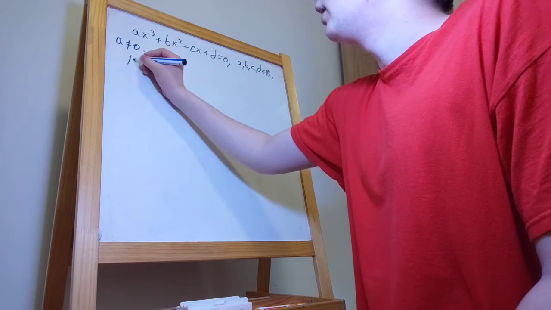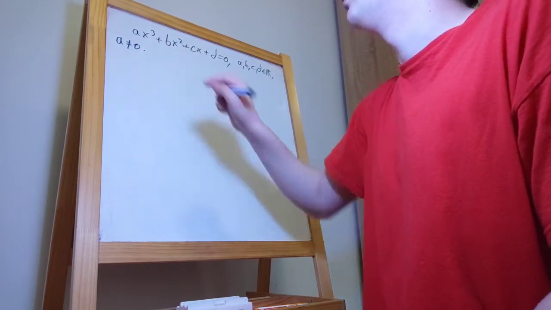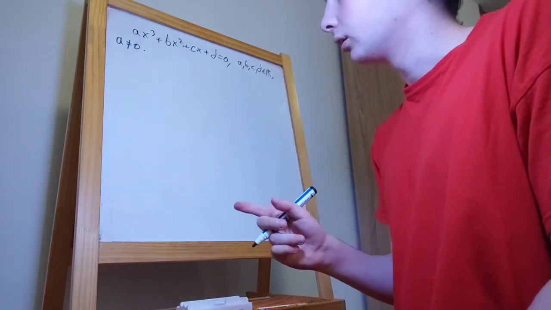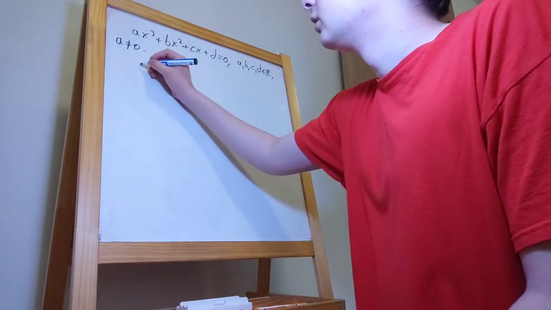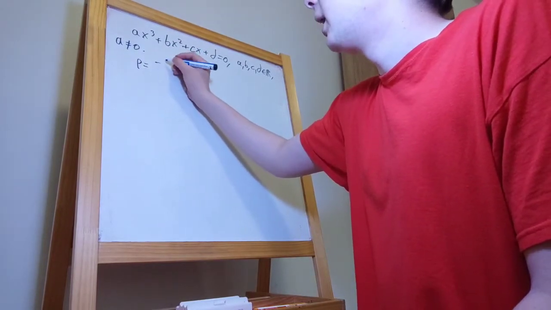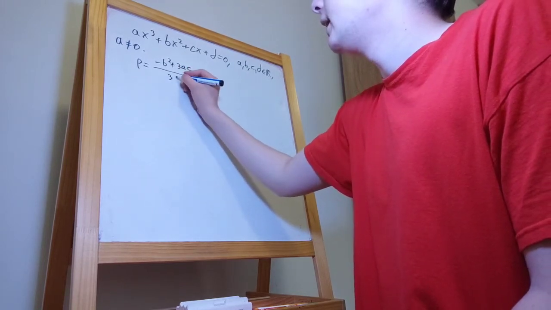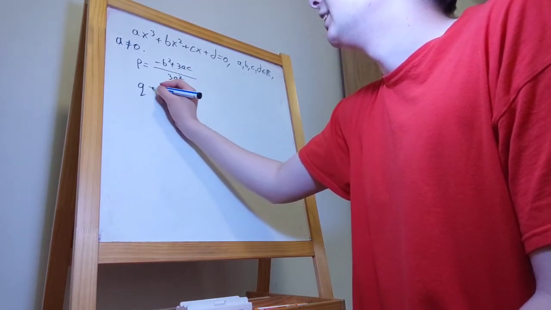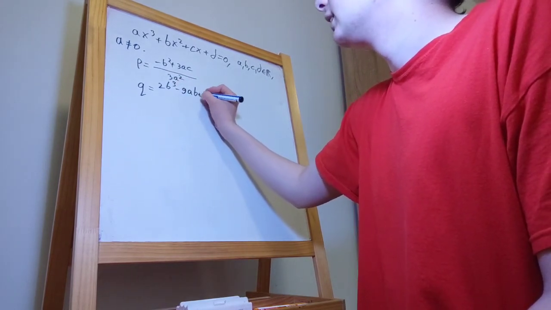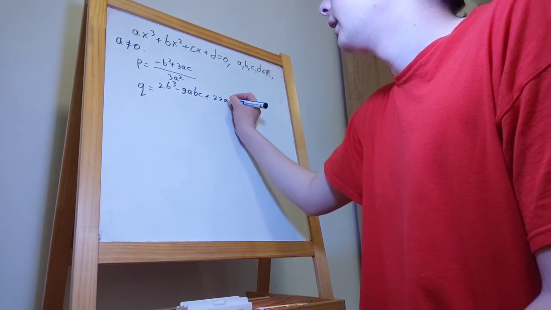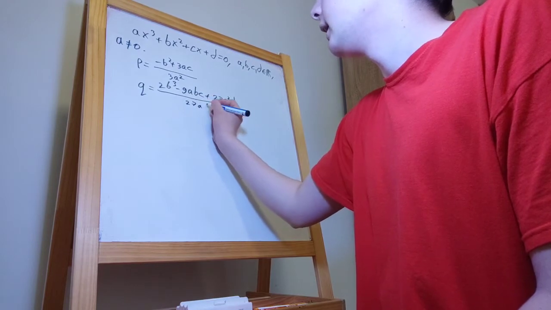Remember that we divide by a and then complete the cube, and we get two numbers. p is equal to minus b squared plus 3ac all over 3a squared. q is equal to 2b cubed minus 9abc plus 27a squared d all over 27a cubed.